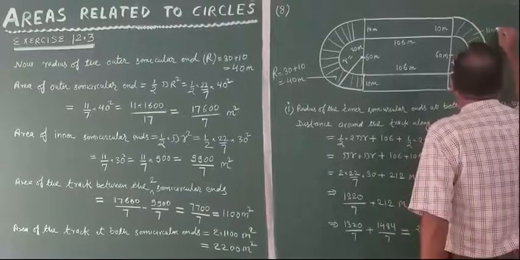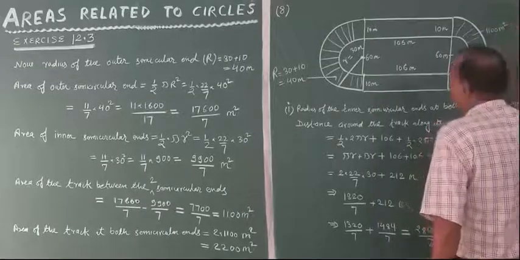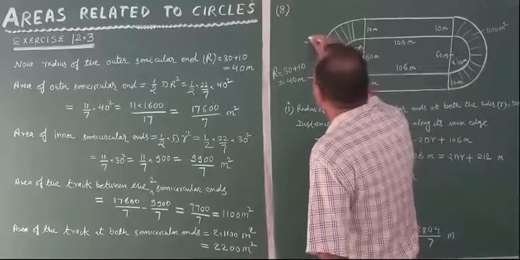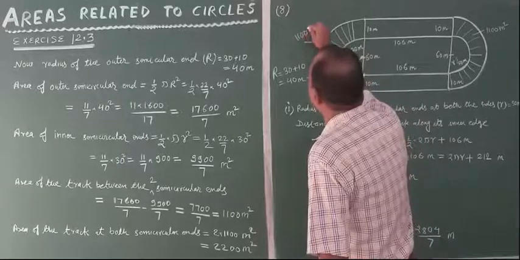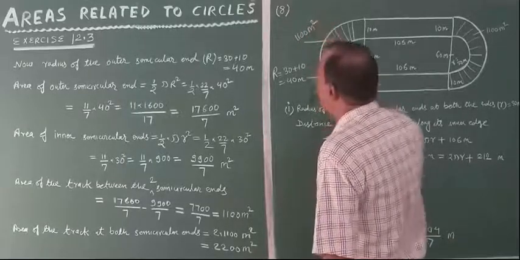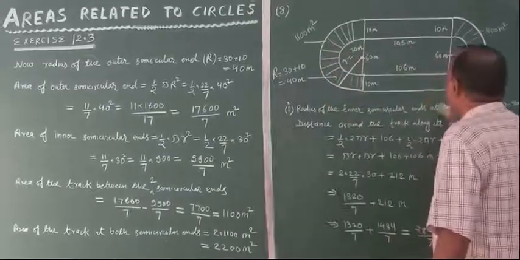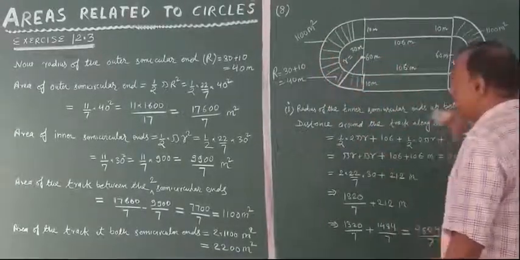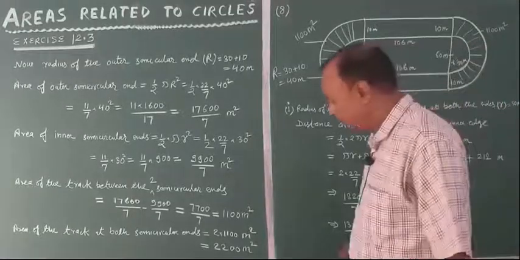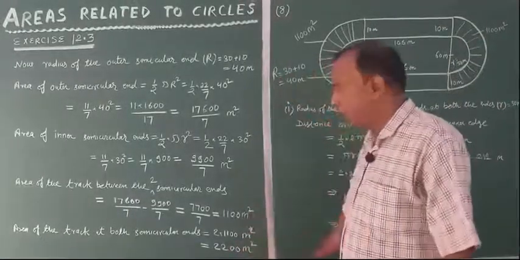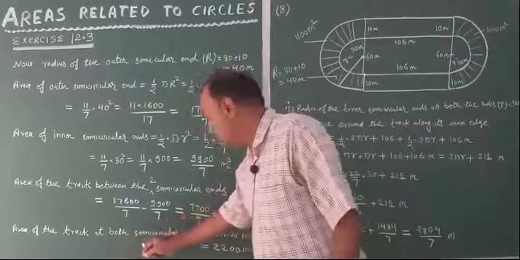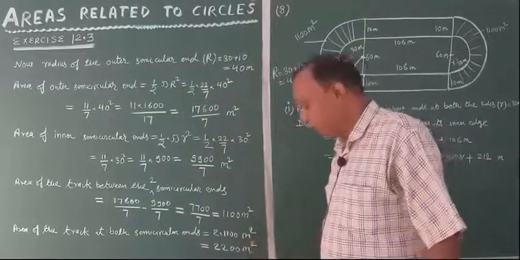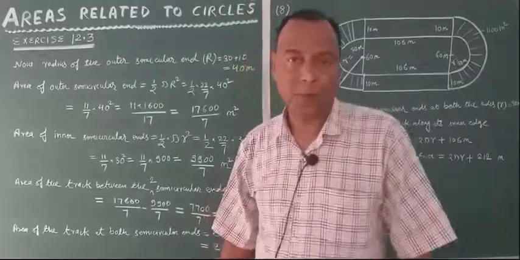This area is 1100 meter square, and this area is also 1100 meter square. So what will be the total area of this region? That will be 1100 meter square plus 1100 meter square, that will be 2200 meter square. So area of the track at both the semicircular ends will be 2200 meter square.